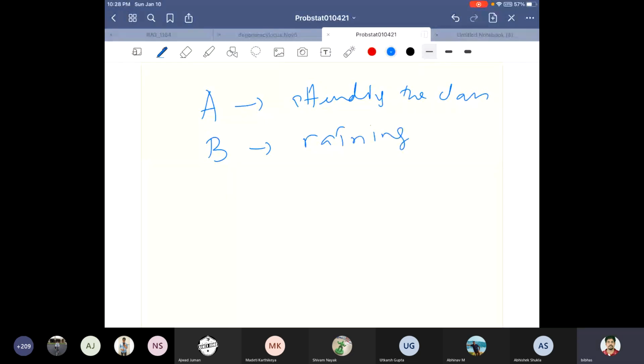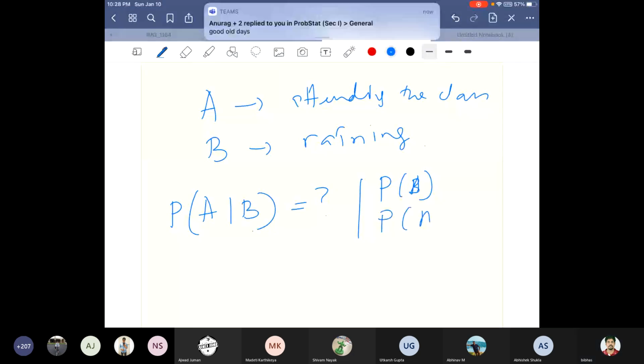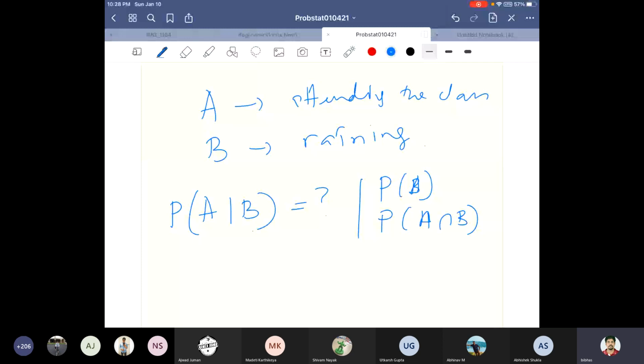In order to find out that if it is raining, what is the probability that you will go to the class, you need the information of the probability that it will rain, and also of it raining and you going. Both pieces of information are required. Only this is not sufficient. This is what I'm trying to say.